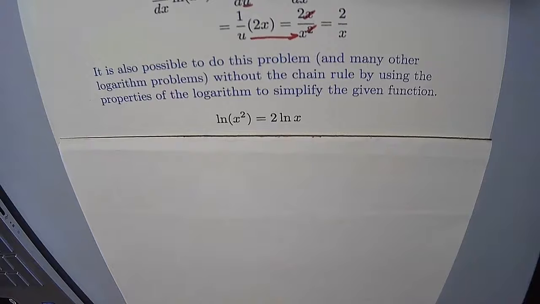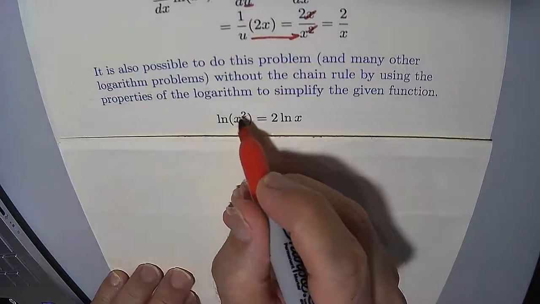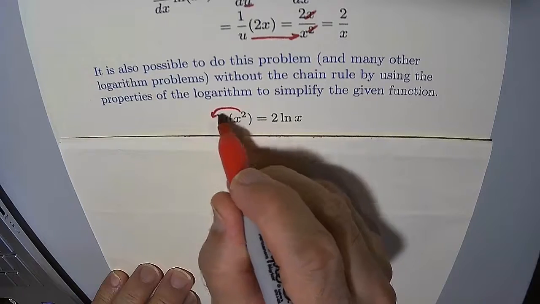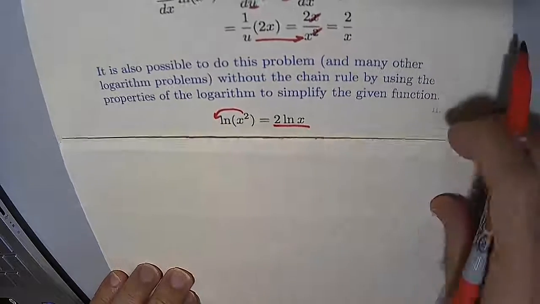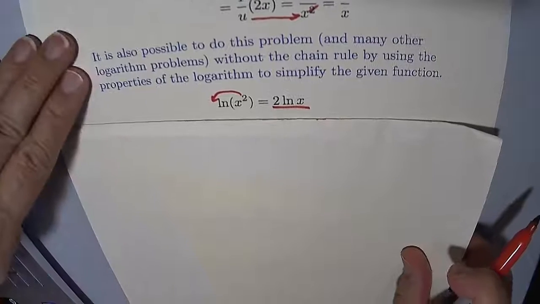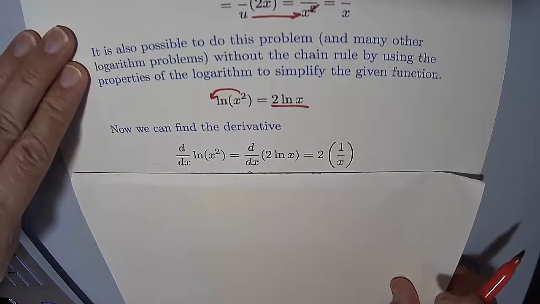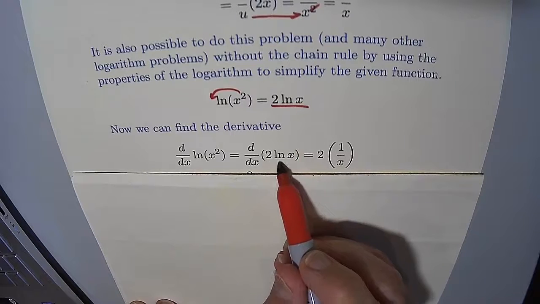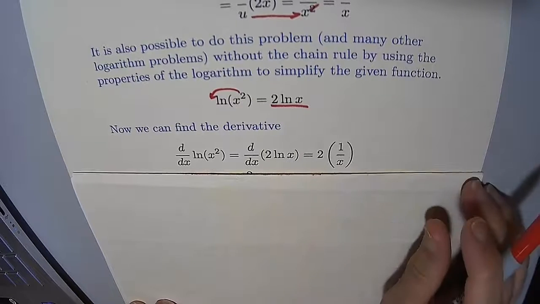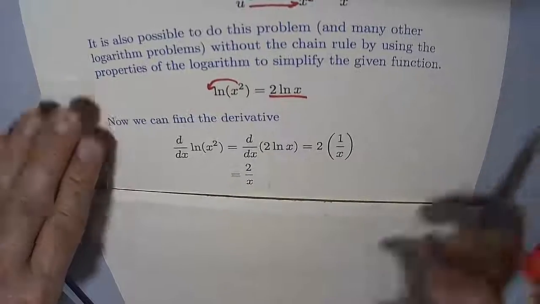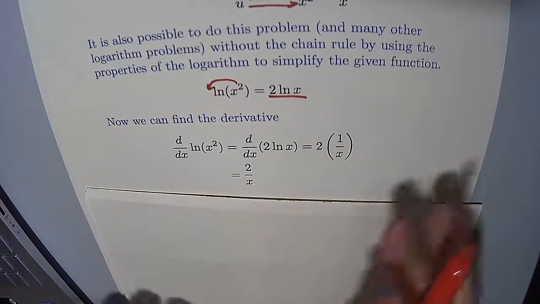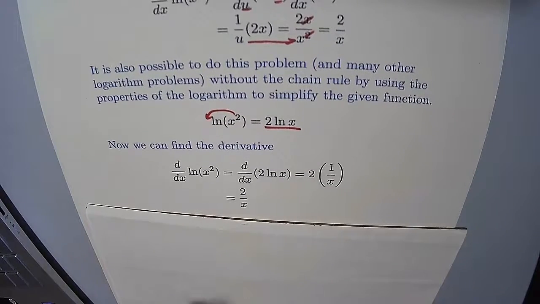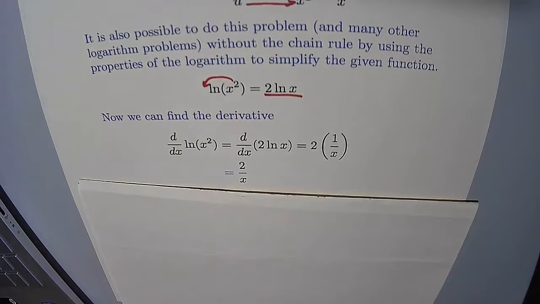If instead of log of x squared, we simplify using a property of logarithms by putting the 2 outside and get 2 ln of x, then there is no inside-outside function. Derivative of 2 ln of x is simply 2 times the derivative of ln of x, which is 1 over x, and of course that's 2 over x, the same thing that we discovered using the chain rule. So if you notice it, it pays to simplify first.